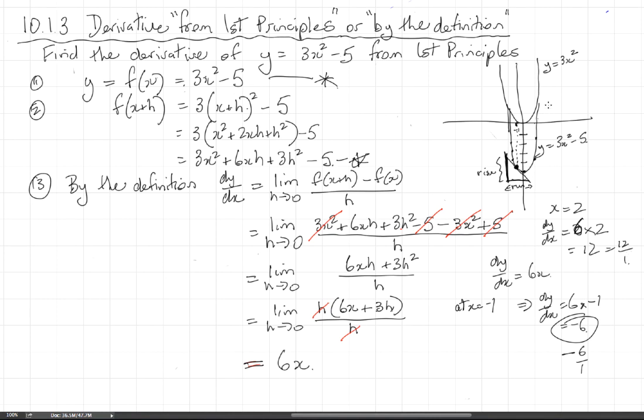That means at x equals 2, you can see how this is getting very steep. I can't even draw the tangent there, but for every one across, it's going to go up 12 units. So my y quantity, at that point at x equals 2, is going up 12 times as quick as the x quantity.